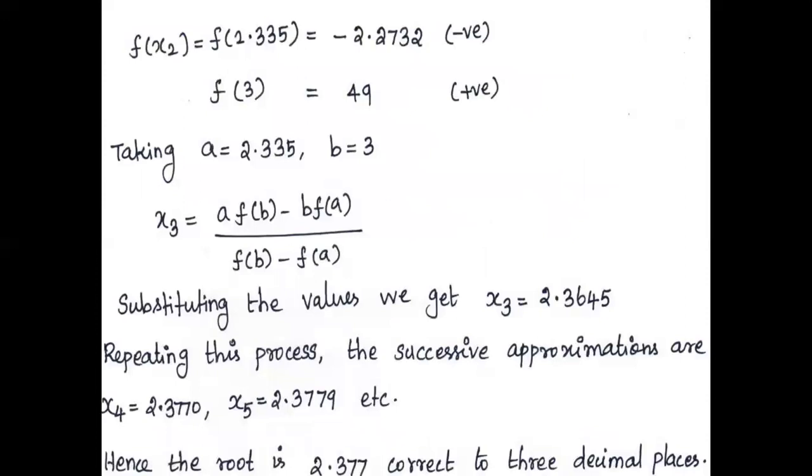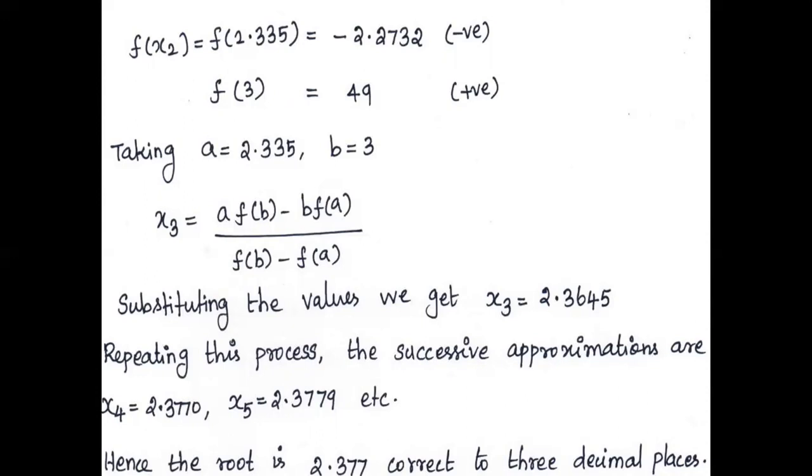Similarly, we need to calculate f of x2. That becomes a negative value. Consider it with the positive, that is f of 3, 49, is a positive value. Therefore, a is equal to 2.335 and b is equal to 3. Substituting in x3, we get x3 value becomes 2.3645.